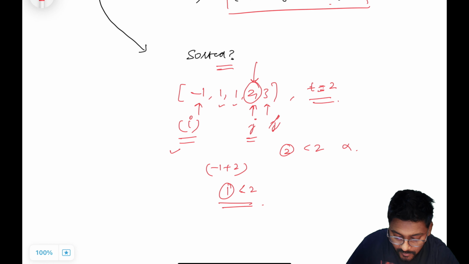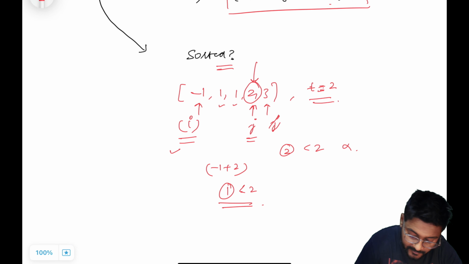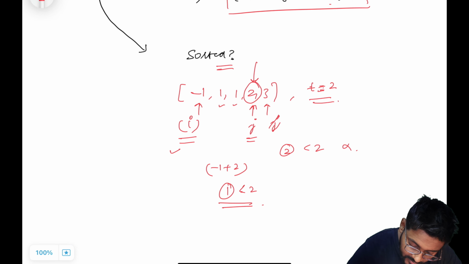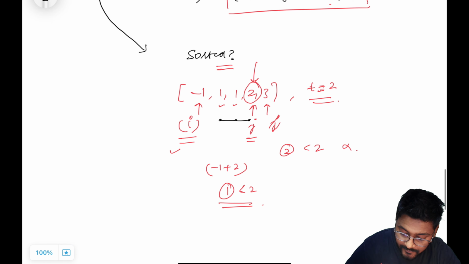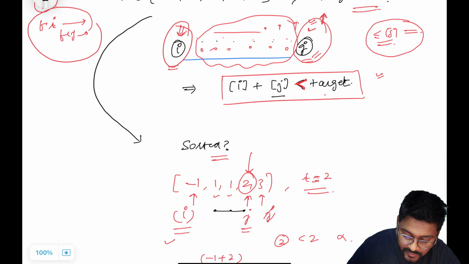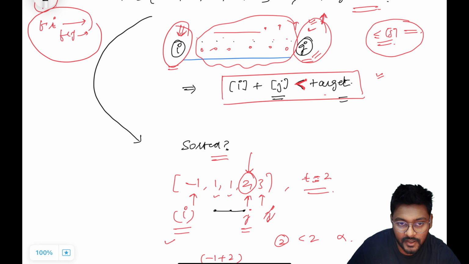So starting from i plus 1, all the values till j are going to give me the valid pair. What I'm trying to say is that starting from j, this one and this one, all three values are going to give me the valid pair, because if I reduce this value, it will always be less than target.